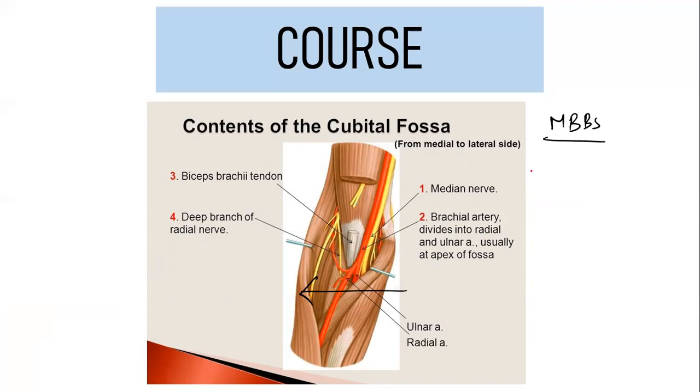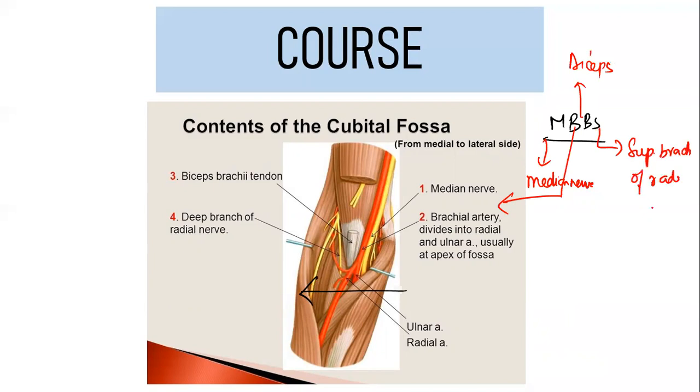M stands for median nerve, B stands for brachial artery, another B stands for biceps tendon, and S stands for superficial branch of the radial nerve. Here he has given deep branch, never mind. So here we have the superficial branch of the radial nerve as one of the contents of the cubital fossa. So these are the contents.